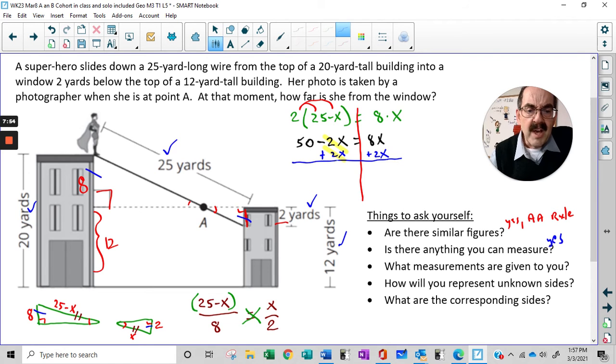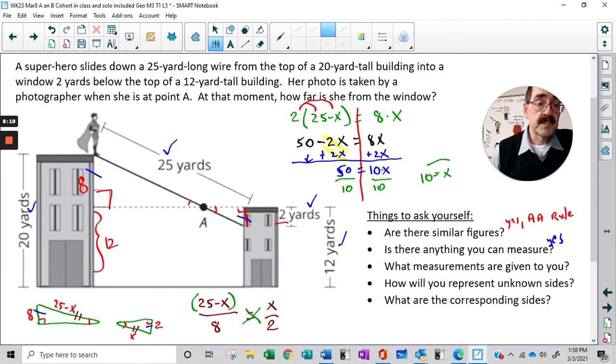And so now we have the 50 is still here, the equals is still here, and now we have 2 and 8. $8 and $2 is $10. Okay, now we've been chanting this. What's the opposite of multiply? Good. Divide. All right. So now 10 is equal to x.